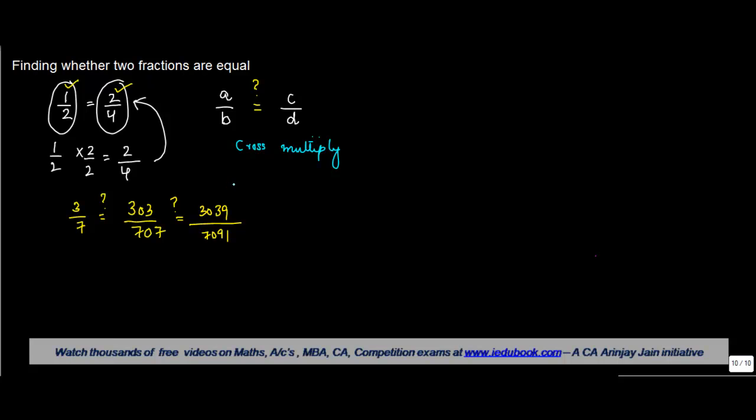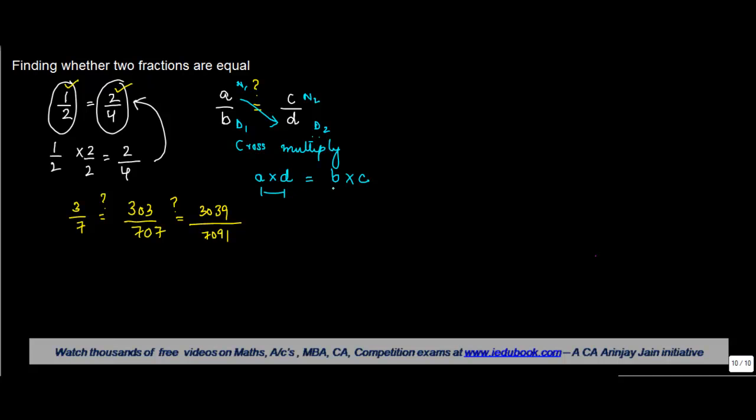Now what do you mean by this? What we mean by this is you multiply the numerator of the first fraction by the denominator of the second fraction, or in other words you multiply a with d, right? And you multiply the denominator of the first one with the numerator of the second, or b into c.